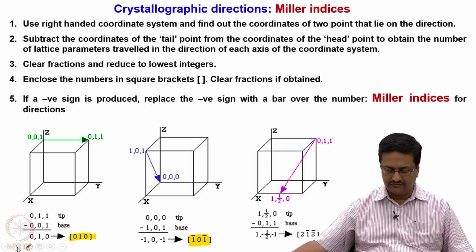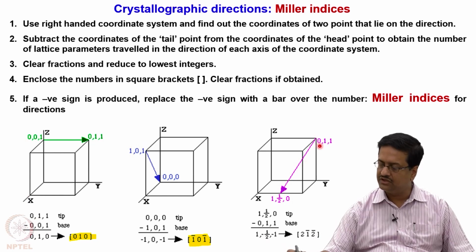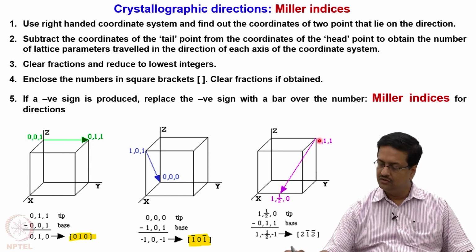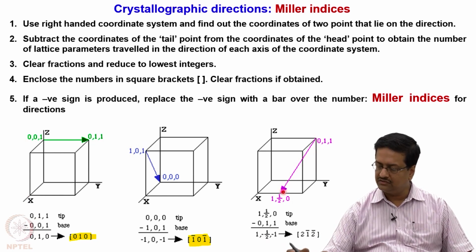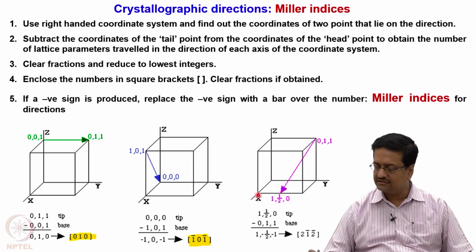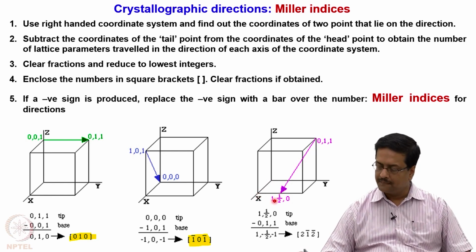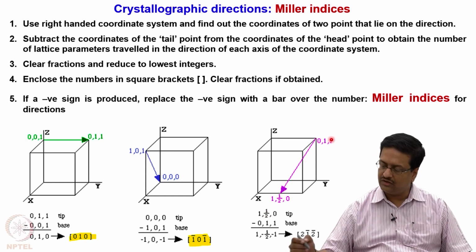In the same manner, in this case we have from 0, 1, 1, we are trying to find out the direction which is the middle point of this edge. So this is 1 along x, half along y, and 0 along z. So this 1, half, 0 is the tip and the base is 0, 1, 1.